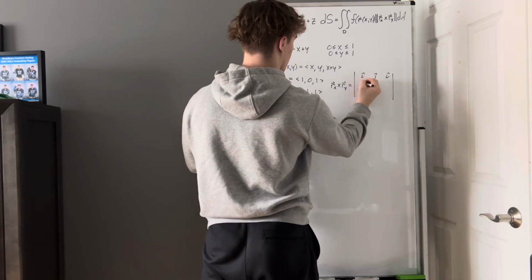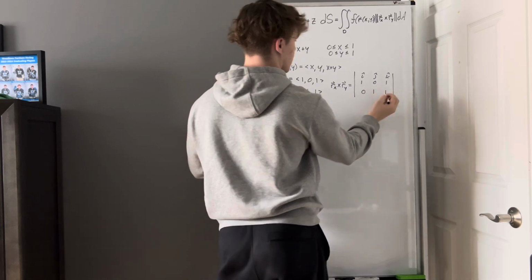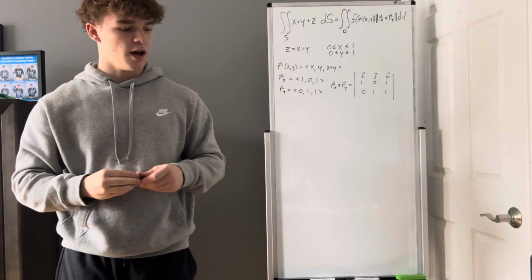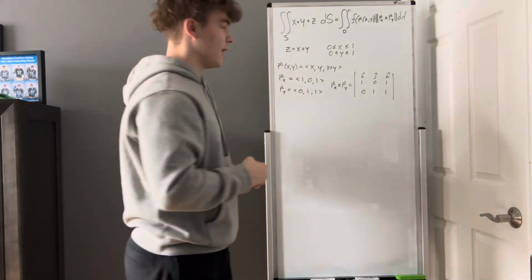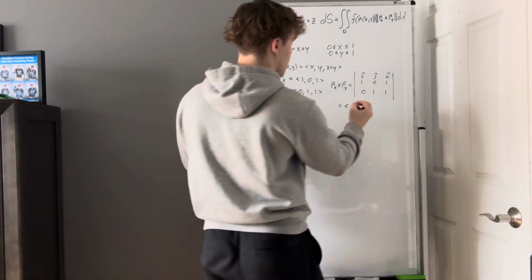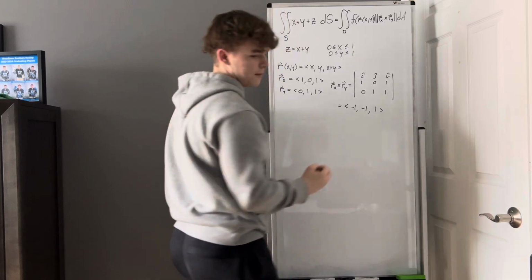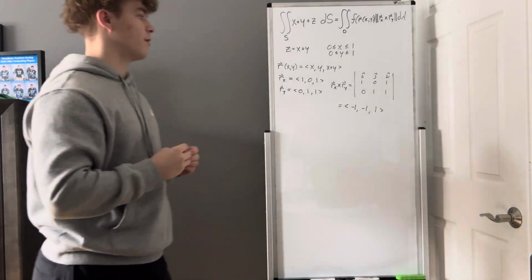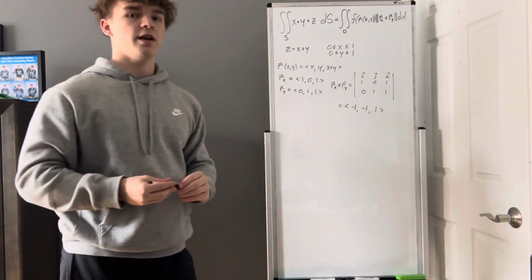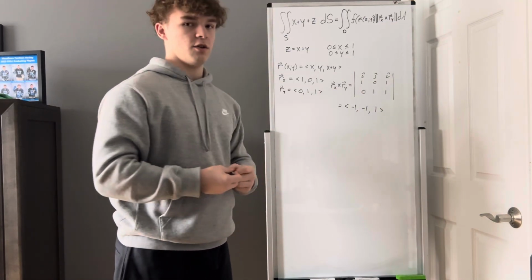Which, if you recall from linear algebra, is equal to the determinant of this matrix. You can work this out yourself, but what you're going to get is the vector -1, -1, 1. Very simple vector. Now, as you can tell from our formula, we will need to find the magnitude of this vector.